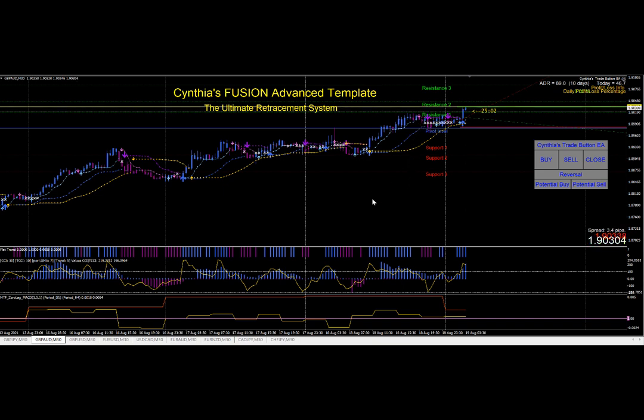So that's the advanced template, and I hope that it seems interesting to you, and I think that you're going to enjoy the extra indicators because they give you a lot of information. You've already prepared yourself by learning the basic indicators and the basic template, so you really only have the trade button to learn, the CCI indicator to learn, and the orange daily MACD line to understand.